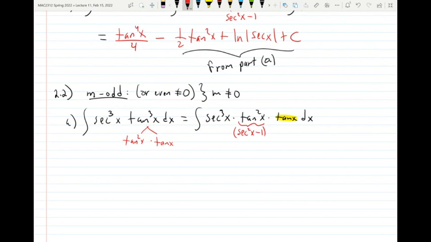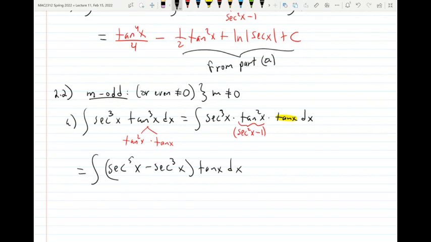So now let's distribute. We're going to have the integral of, I'm going to distribute the secant only so you can see it, secant cubed minus secant to the fifth minus secant cubed times tangent. Okay? And actually, let's be a little bit smarter.